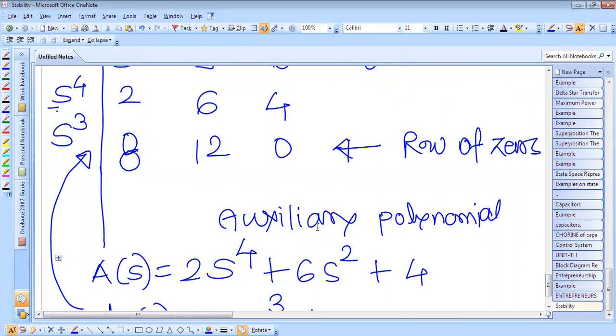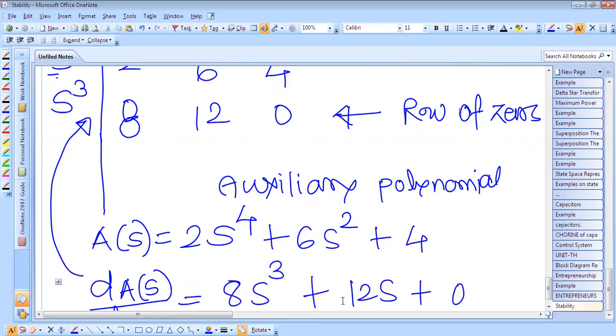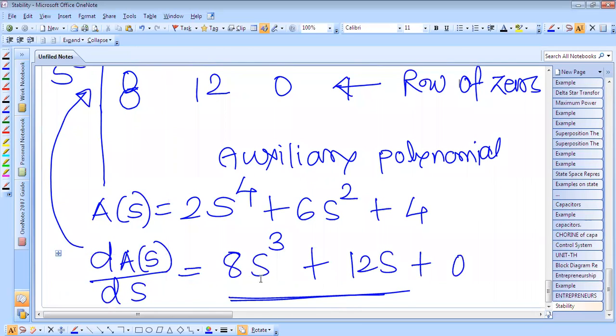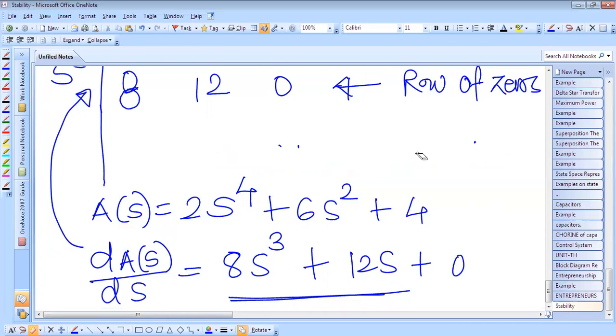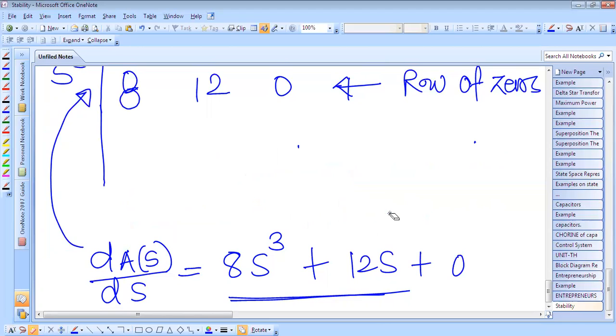We considered the auxiliary polynomial just above the row of 0, and differentiated it with respect to s. After differentiating, whatever equation we got, replace the 0 by the coefficients of that equation. Now it is over. We have replaced the 0 by the coefficients of this equation.